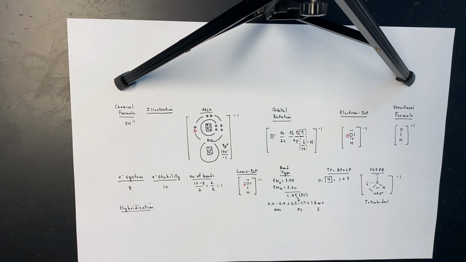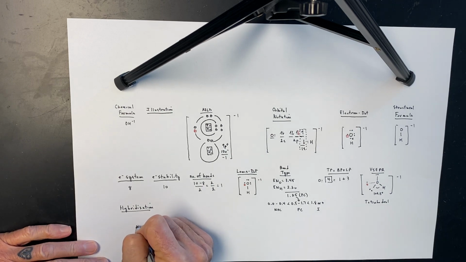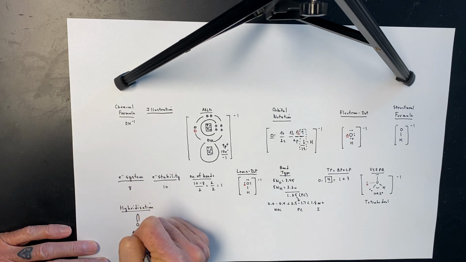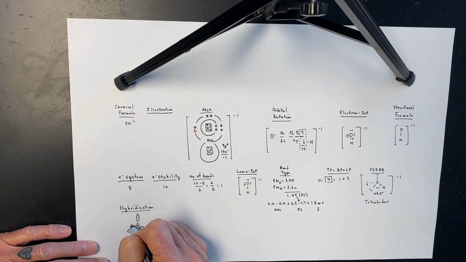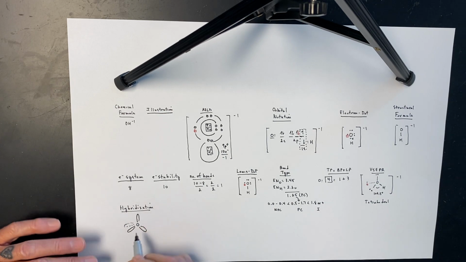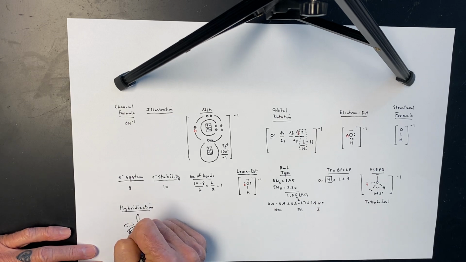But hybridization theory is developed to predict the arrangement of electron pairs around a central atom that is bonded. So therefore, 4 total pairs predicts a tetrahedral arrangement of those electron pairs in what we refer to as sp3 hybridization. So we're going to have a tetrahedral arrangement of 4 hybrid orbitals.